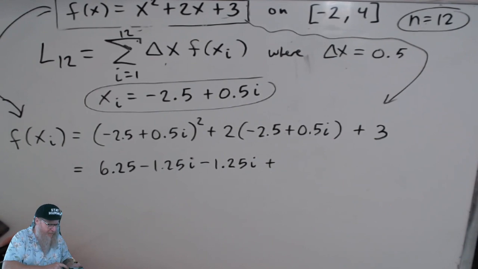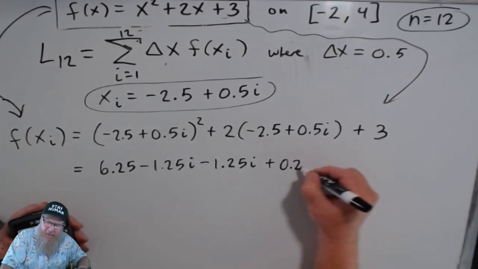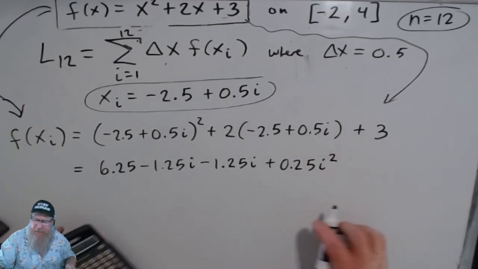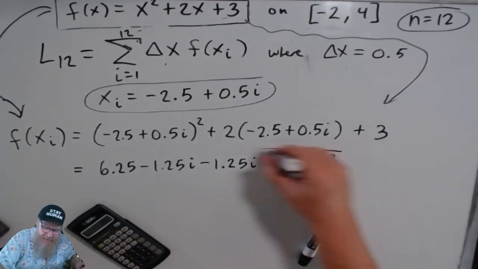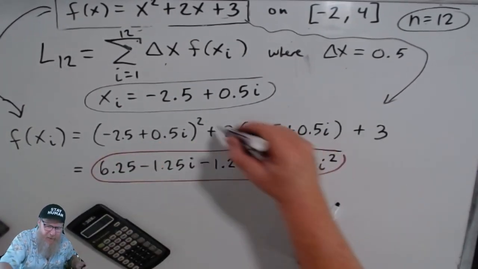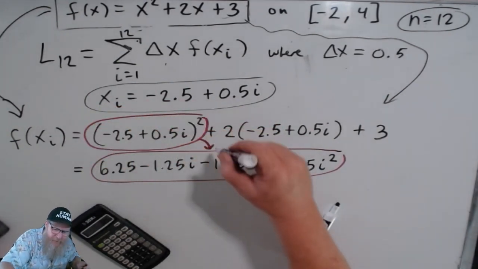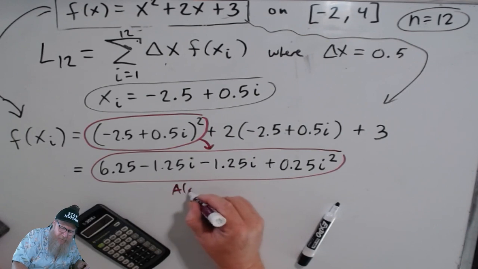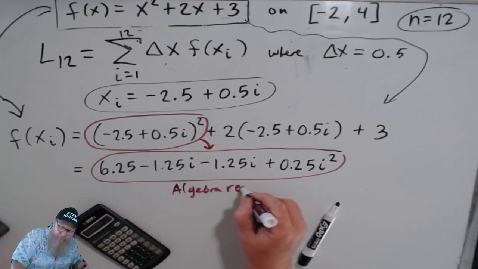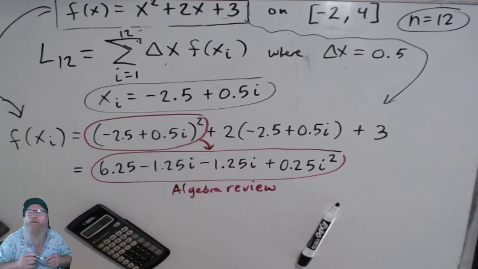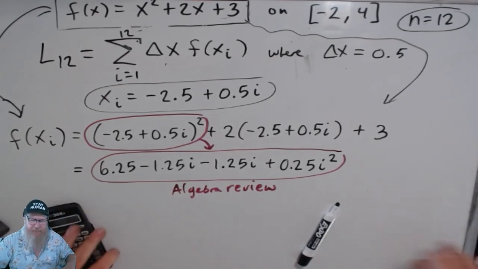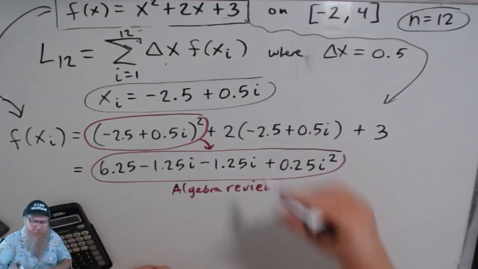And then 0.5 squared, you already know that. It's 0.25 i squared. So again, all of this comes from this algebra review. Just reviewing your algebra. The rest of it's pretty straightforward.